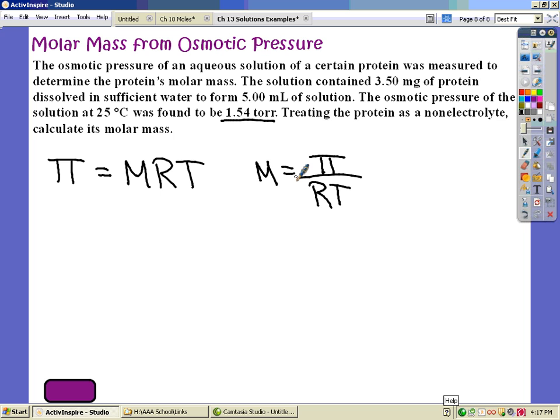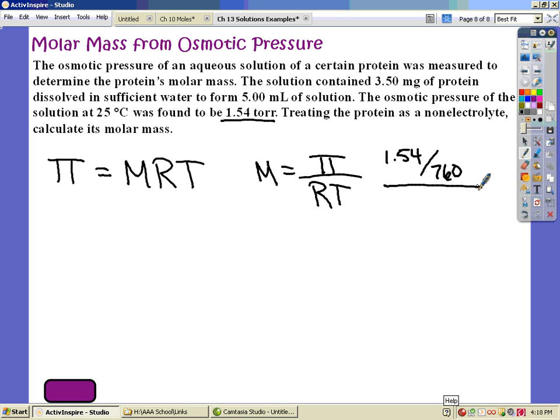Now my osmotic pressure is in torr, and R, of course, is liter atmospheres, so I need to make sure that I have this torr converted into atmospheres. To do that, I'm going to take my 1.54 torr, and I'm going to divide it by 760, because there are 760 torr in an atmosphere.